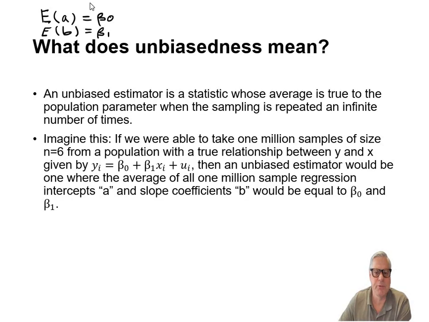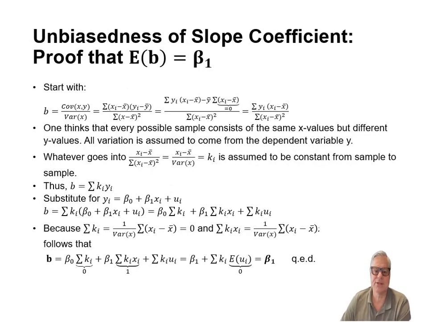Again, what we are trying to show is that the expected value of A is equal to beta 0, and the expected value of B is equal to beta 1. Here on the slide, I have already derived the proof, but I also want to go over it quickly separately and explain some important steps.